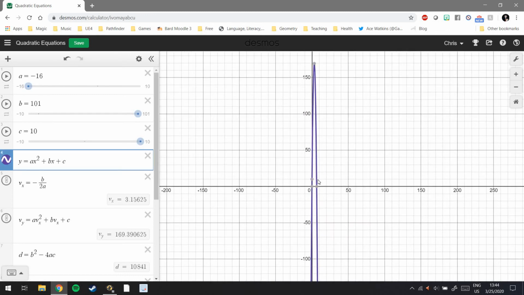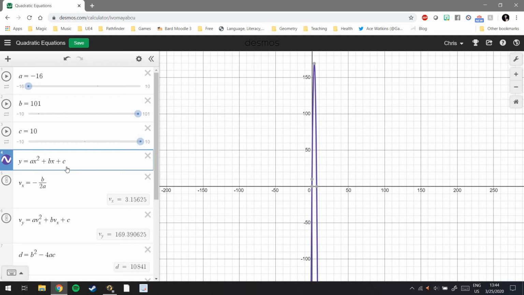I can find my solutions if I click on the graph. So for starters, I see my maximum height, if I were to look at the point, is at 169 feet approximately. This is found by getting the vertex.